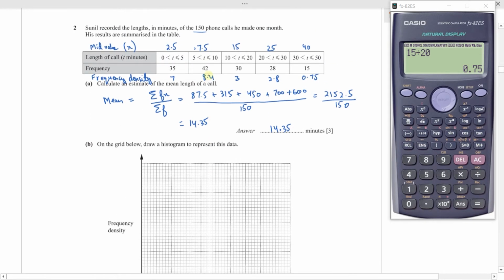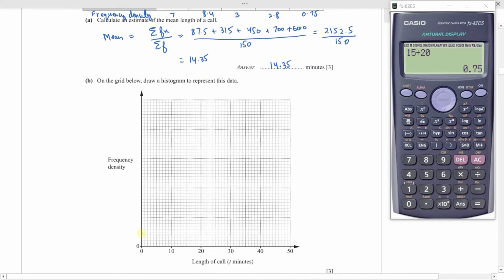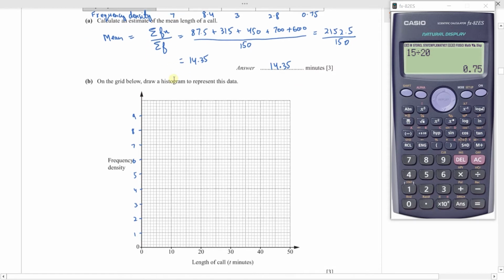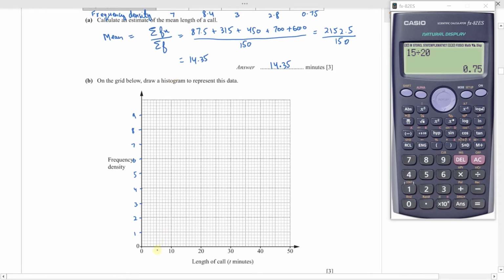Our maximum value is 8.4. So if we look at this y-axis, we can represent 1 centimeter by value 1. So this will be 2, 3, 4, 5, 6, 7, 8, and 9. Our first interval is 0 to 5 and our frequency density is 7. So this is 5 here and this is 7.